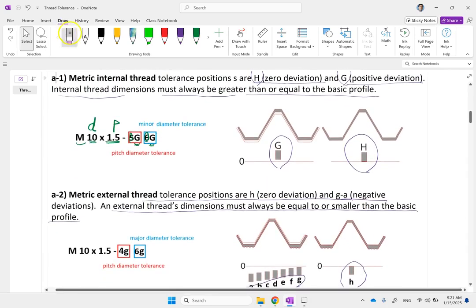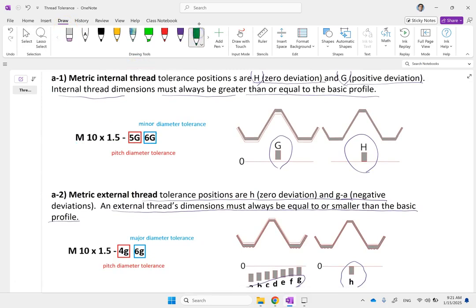So if you look here, we can see that for internal threads, the way we show it is after the dash, we show one tolerance for the pitch diameter followed by another tolerance for the minor diameter. By the way, these two red and blue squares are the things I added. You never have those squares, okay? But if you show 5G, 6G, what does it mean? It means the pitch diameter, if you want to inspect it, if you want to measure it, you have to use class 5G for inspection.